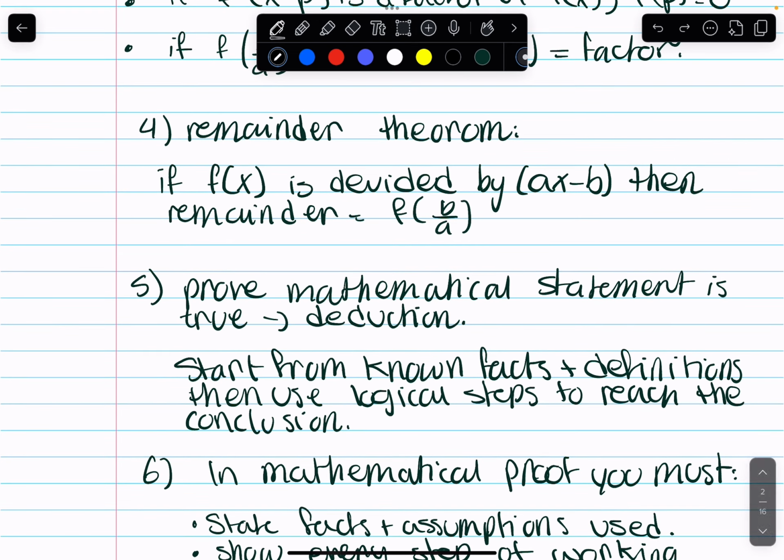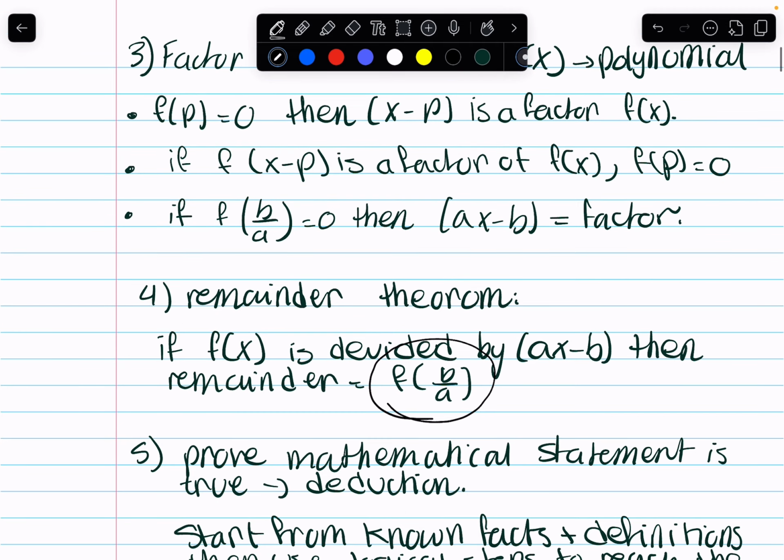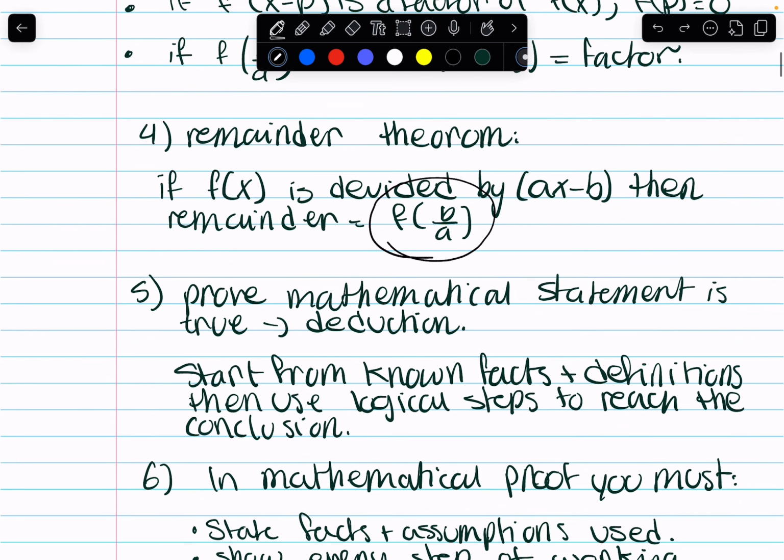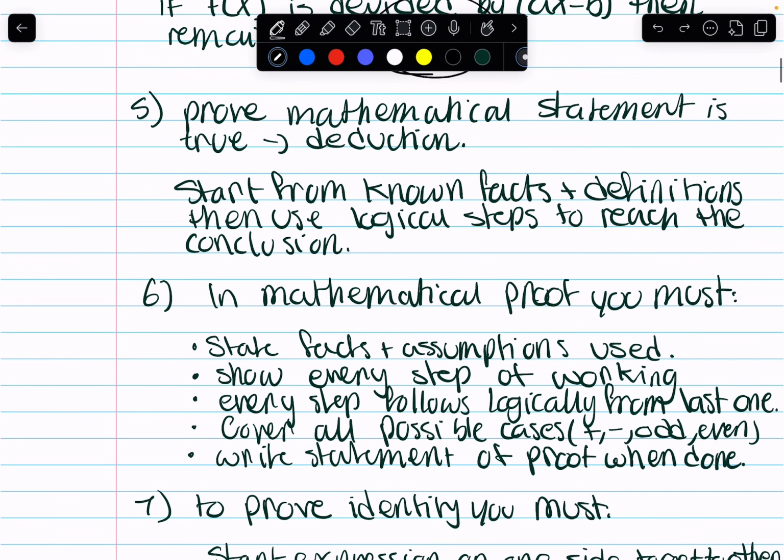The remainder theorem basically says that if f of x is divided by ax minus b, then the remainder must be this. So again, make sure that you could go from here to here, and you know that you should add and then multiply to get that polynomial.